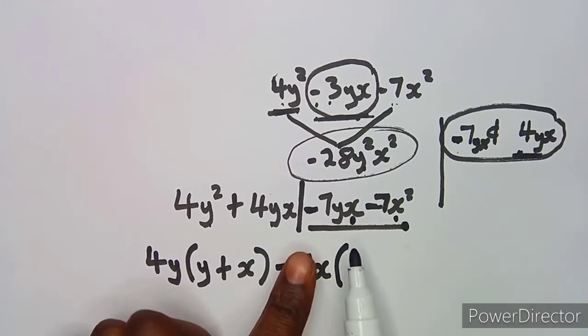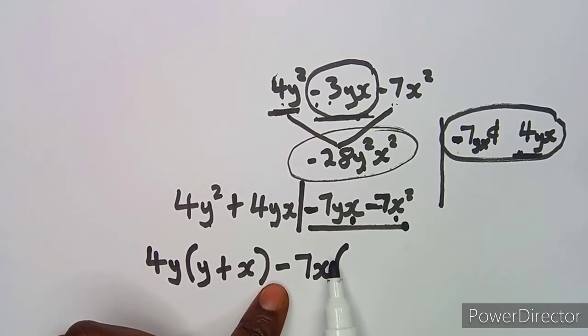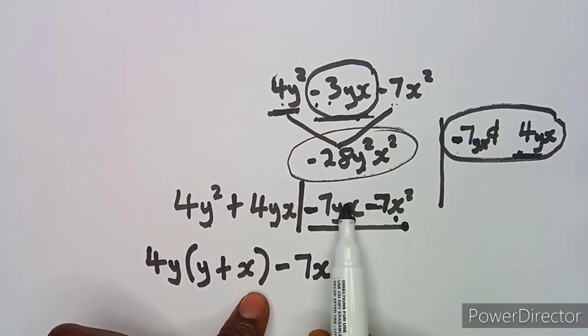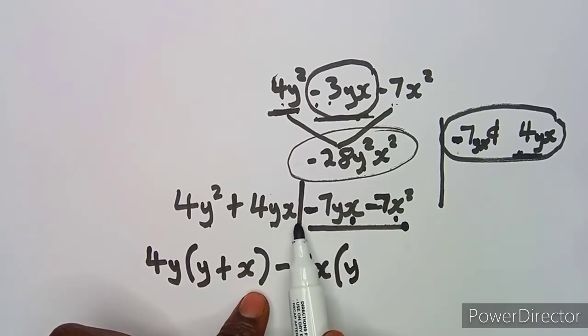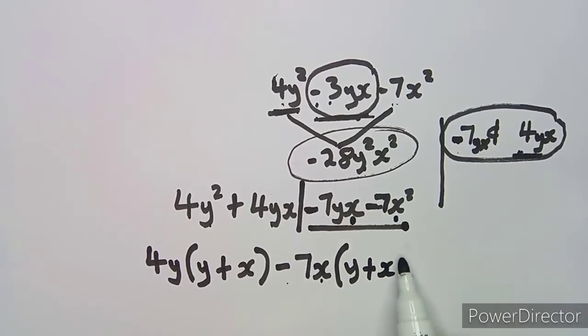So now let's divide minus 7yx by minus 7x. As you can see, minus 7x and minus 7x will cancel. You're going to remain with positive y there because minus 7 will cancel, x and x will cancel. That's a plus. So you're going to be left with x squared divided by x, which is x like this.